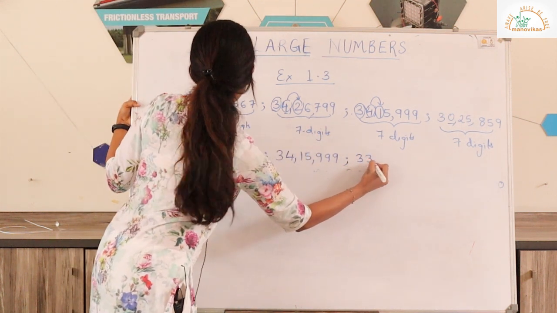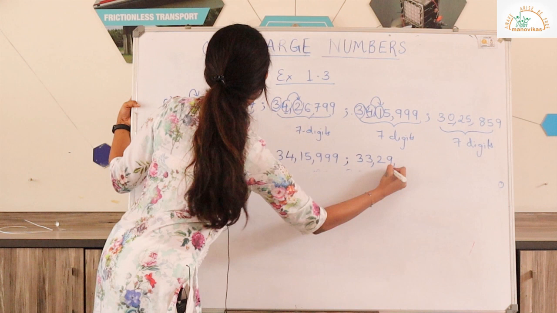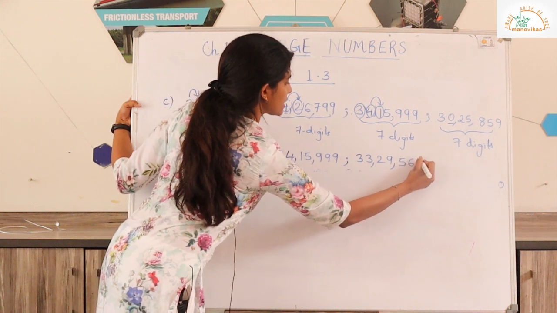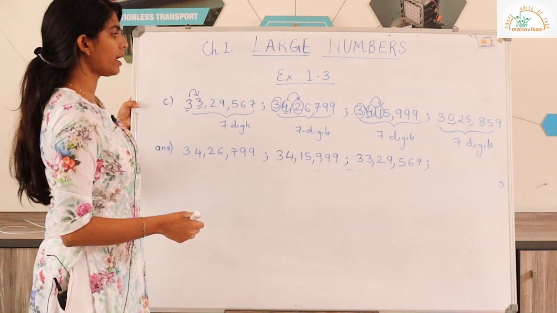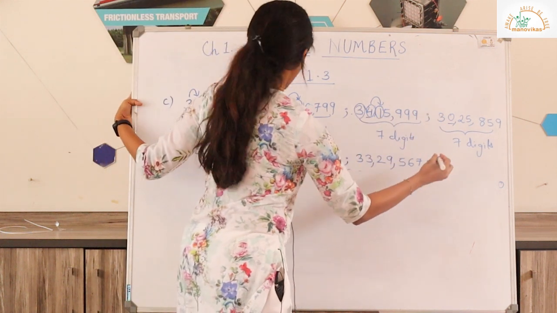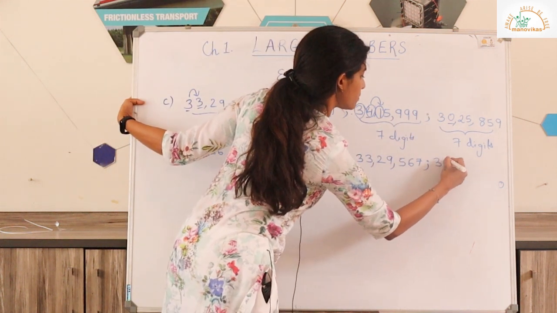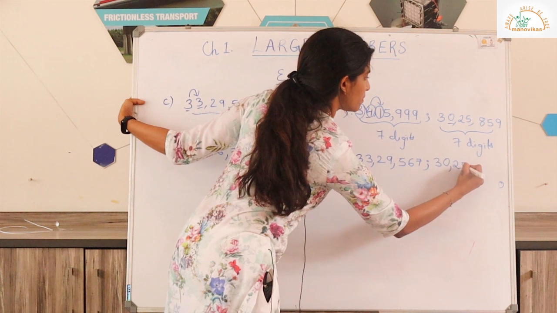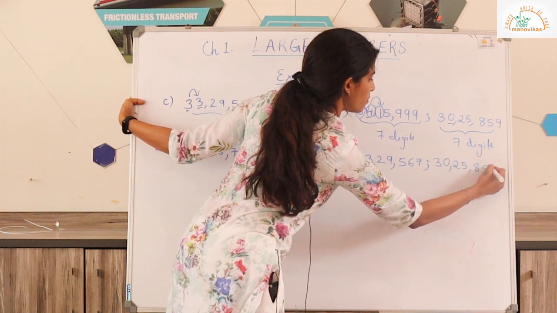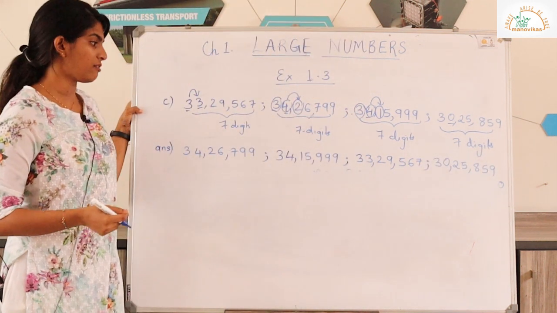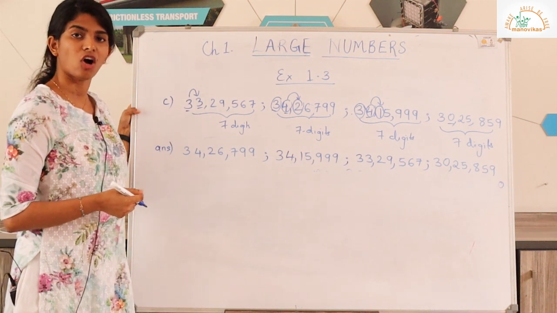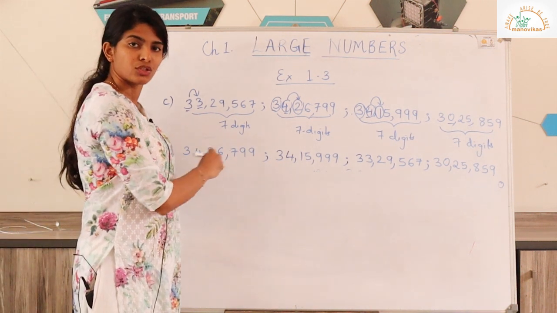So 33 lakh 29,567. Okay, and the last number is this. What have we done? We have arranged the numbers in descending order, that is from big to small.